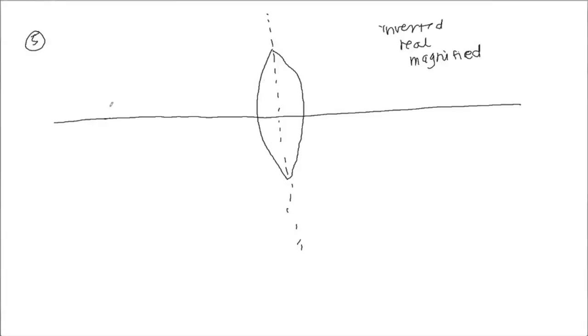So we can draw it kind of small. And then our F should be like here, and it would also be here.